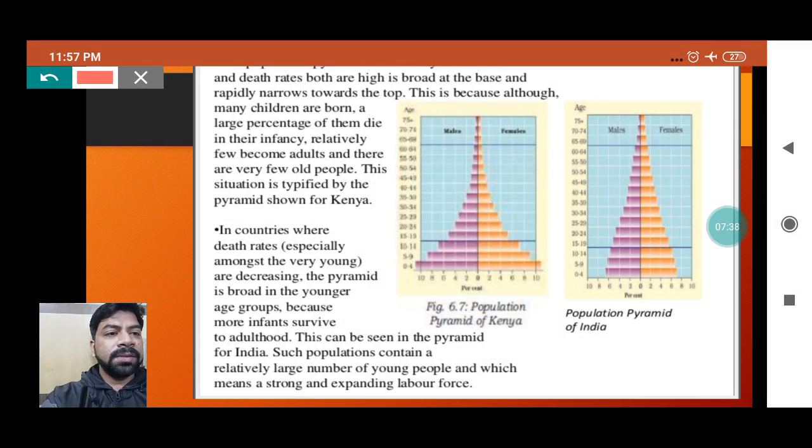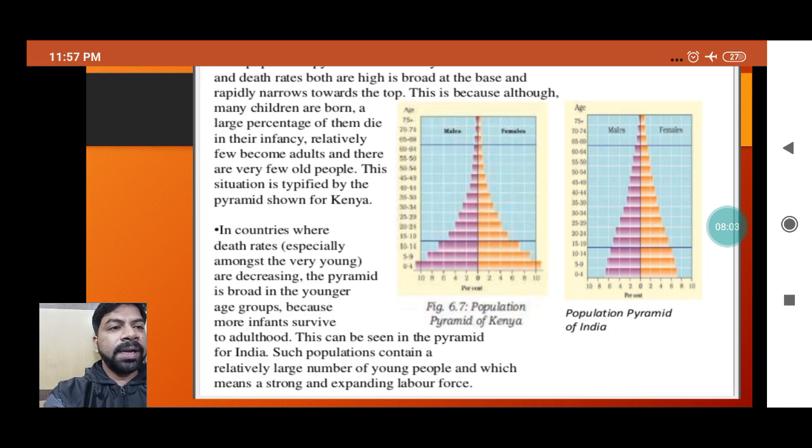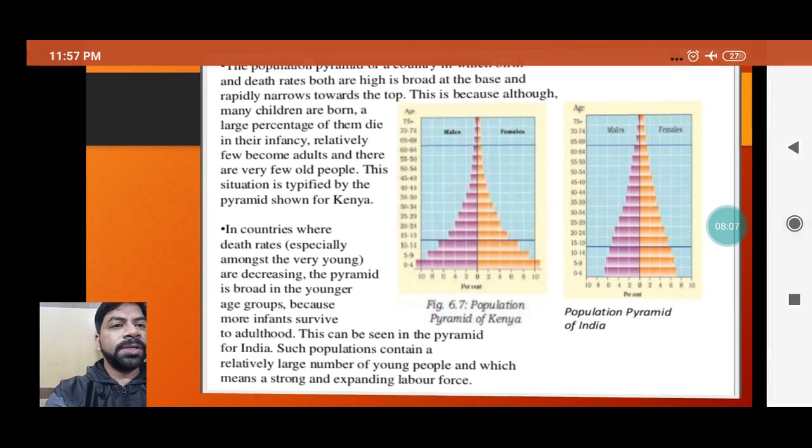Kenya's birth rate especially is higher in comparison to India's birth rate. If you compare India's 15 to 65 years working age group, they are more here in comparison to Kenya. That suggests that India can become a developed country, and we are trying to control and balance our population.